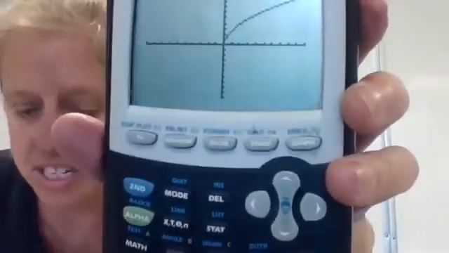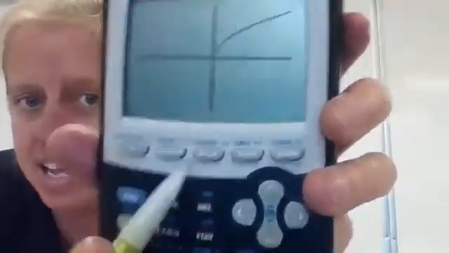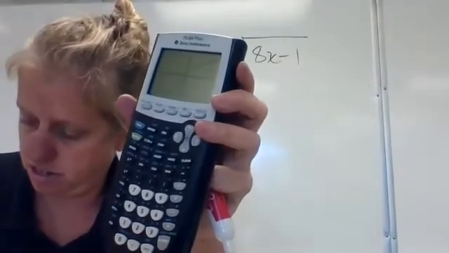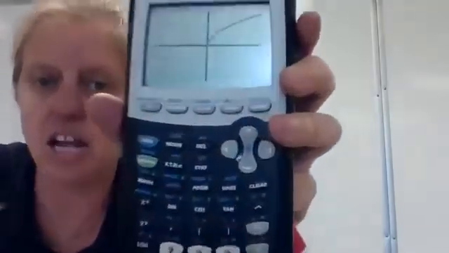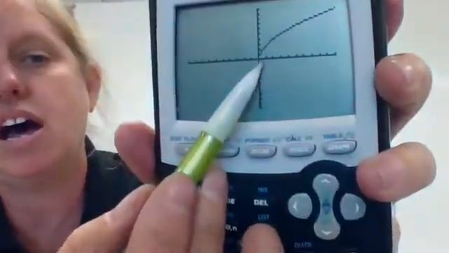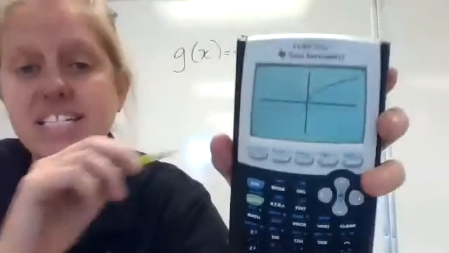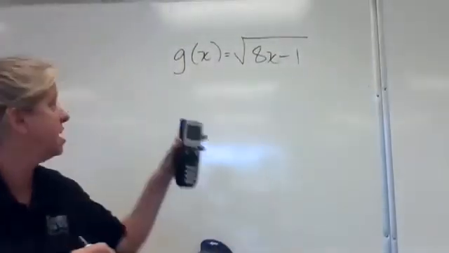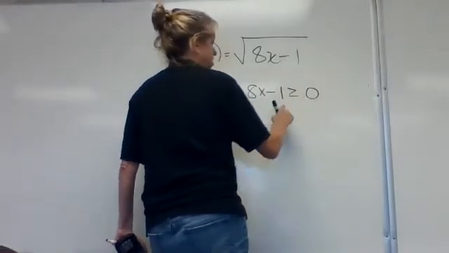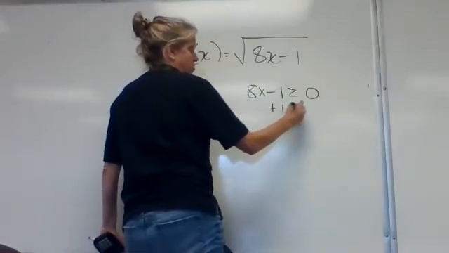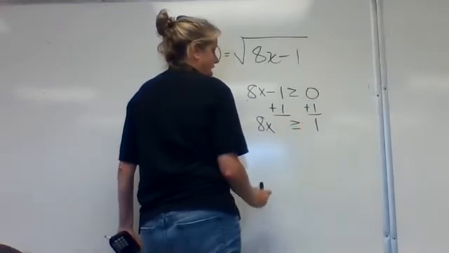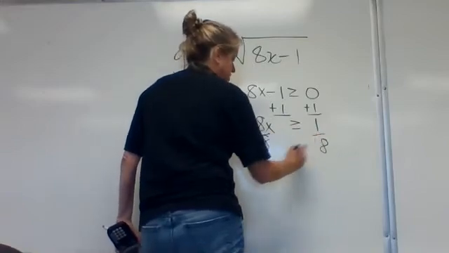Now, what is hard to see on this is that this graph starts just a little bit to the right side of the origin. And the reason I know that is because the domain of this, what's underneath, has to be positive. So when I solve that, I say, okay, 8x has to be greater than or equal to 1, and then divide both sides by 8.